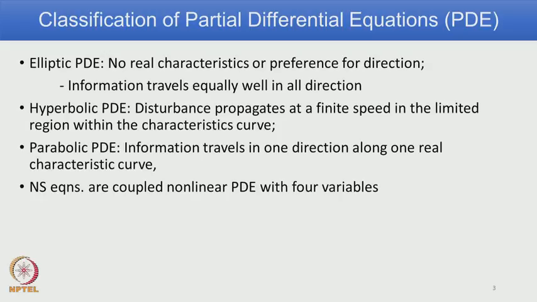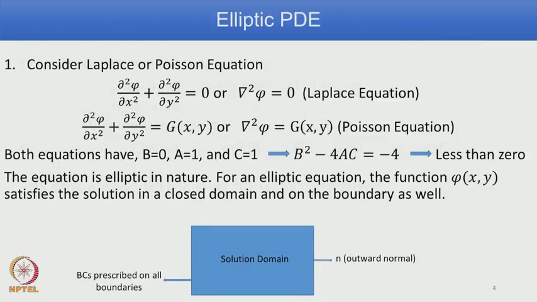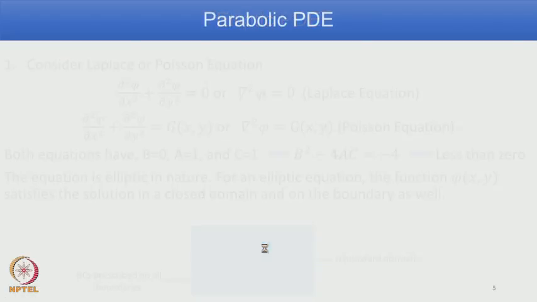It is a coupled nonlinear PDE with 4 variables. We had seen elliptic PDE by taking the example of the Laplace equation and Poisson equation, and we observed the solution propagates in all directions across the solution domain.